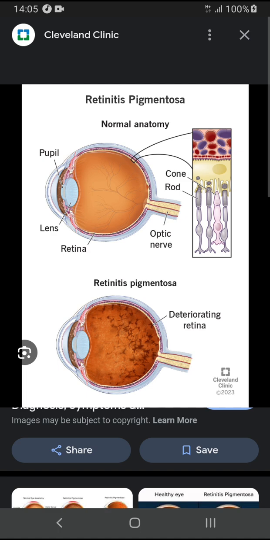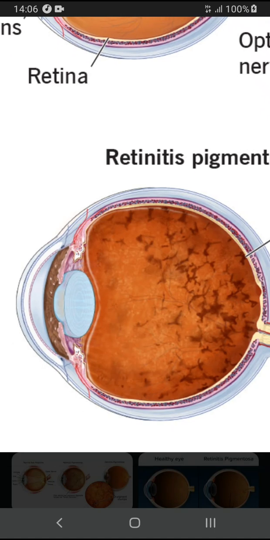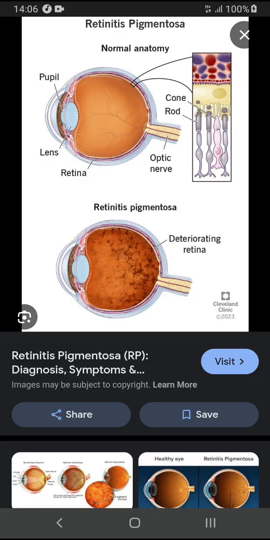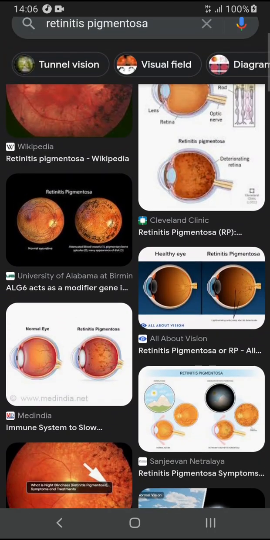When you look in fundoscopy, you will see hyperpigmented areas in the retina, which are the main sign of retinitis pigmentosa. Maybe I will show you some here.